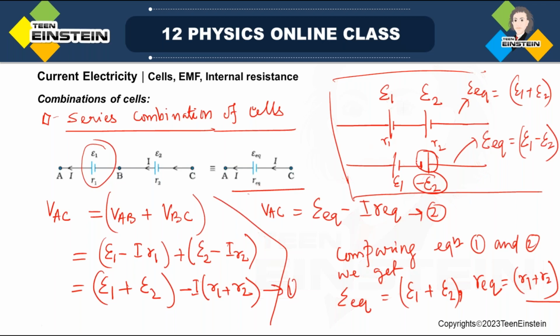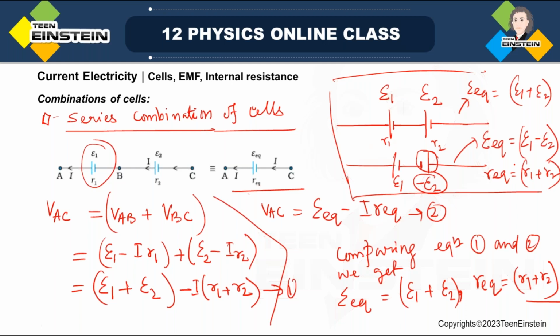But one thing is very, very important to learn, that the resistances don't have any polarity, right? So this R equivalent will always be R1 plus R2. It will be just additive, just a series combination of internal resistance. Okay, this is what we need to know from the series combination.